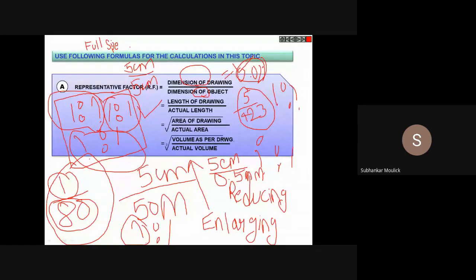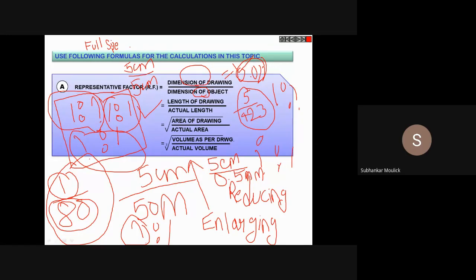If the distance between your home and your college is 10 kilometers, is full size scale possible? No, sir. But if we draw something of a dimension comparable to the page we are using for drawing, it is full size scale. The definition of full size scale says that you cannot change the dimension of the object or the dimension of the drawing. Then how will the 1:1 ratio be maintained?